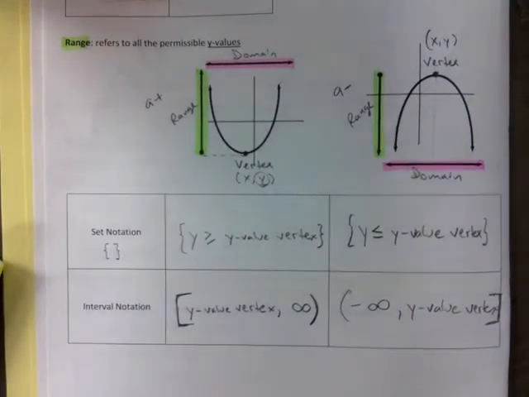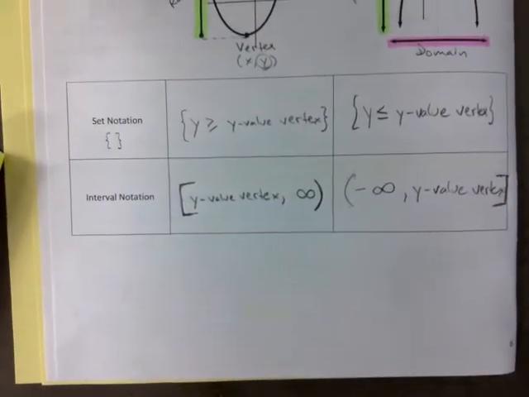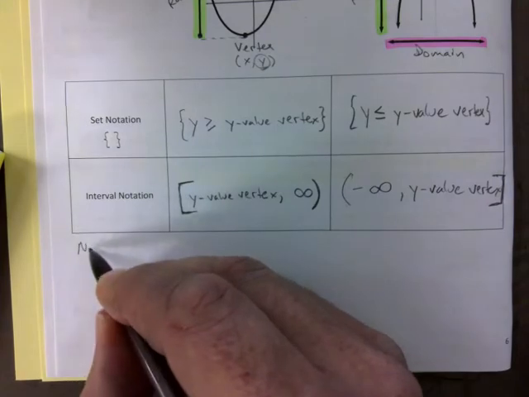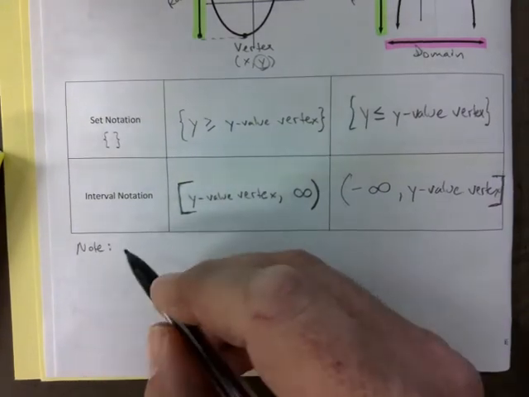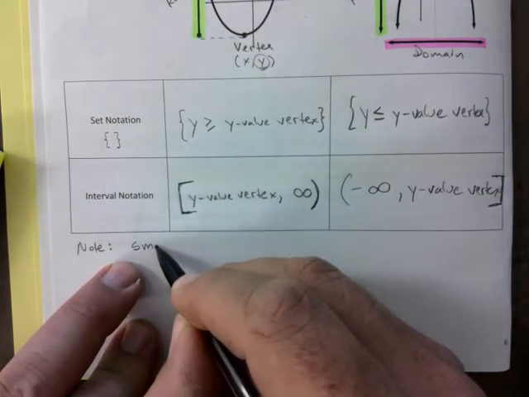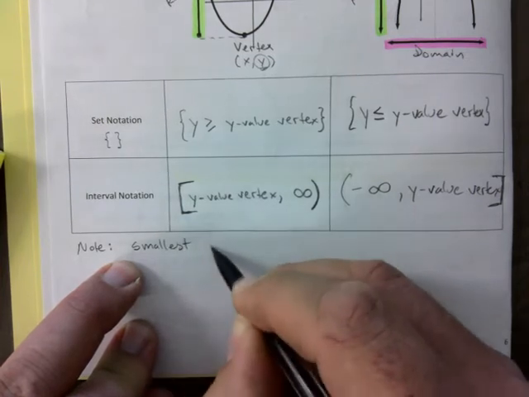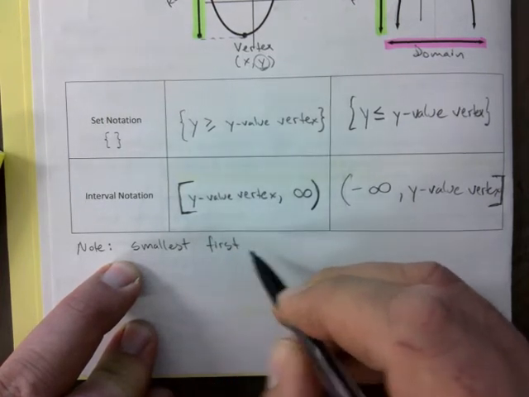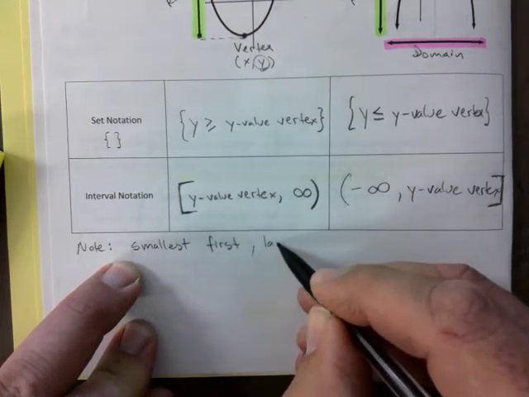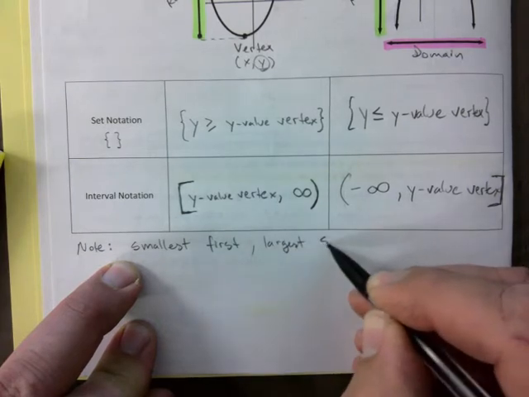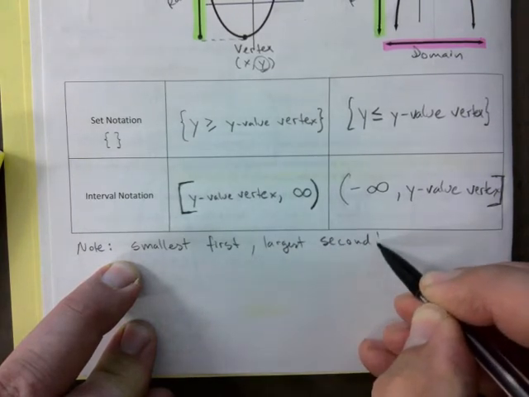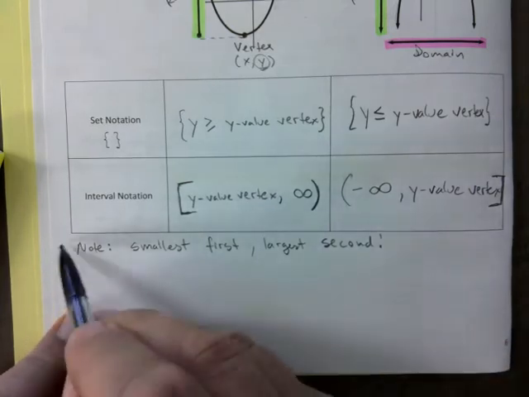examples and you'll see. So what I want you to write down here, note, you always need to make sure smallest first, comma, largest second. That's very important.